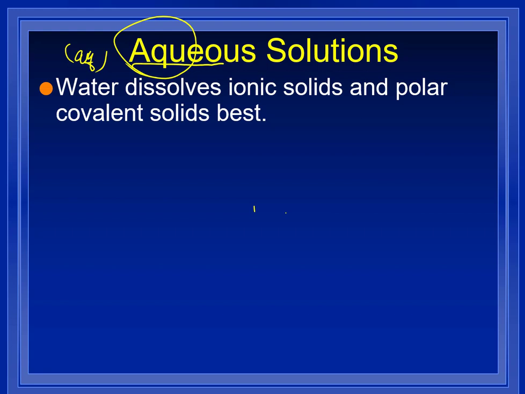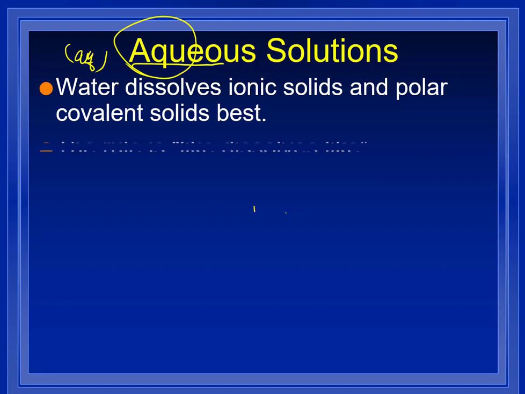And what water can dissolve is ionic solids and polar solids. That's because water is very, very polar. It's got charged ends. Ionic solids have charges. Water can hang on to them. Polar compounds have partial charges. Water can hang on to it.